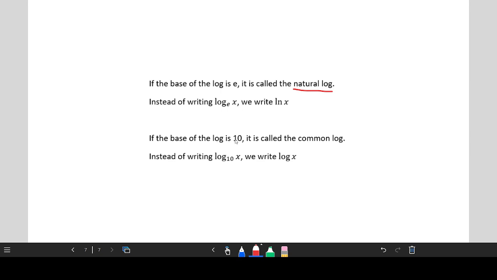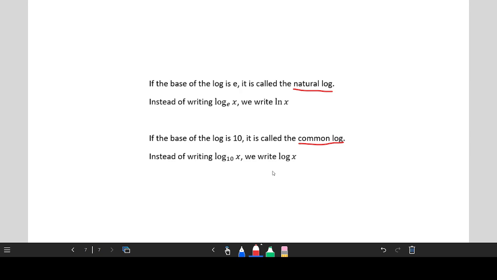And then if the base of the log is 10, our book calls that the common log and uses just log. So if you just see log in our book or on your homework, that is log base 10. Most high school and college books use these notations.